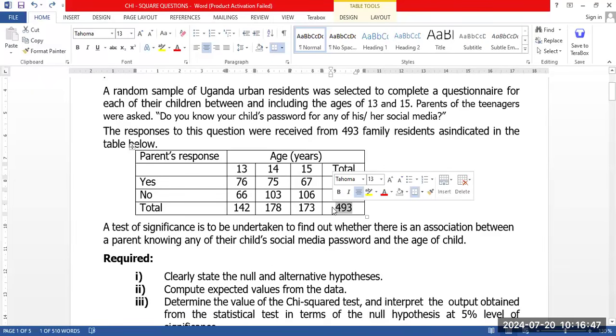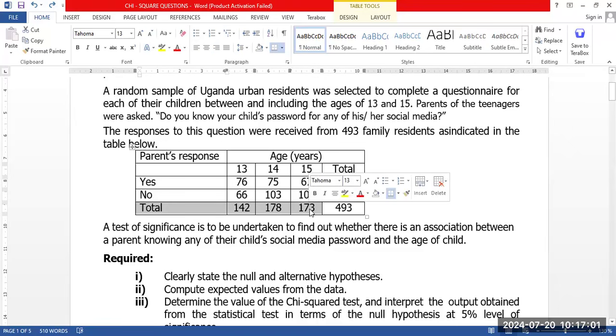But in some questions, you will find that sometimes you are not given this column total, or this row total. So in a situation where you are not given such totals, you will be the one to create this row total and this column total.